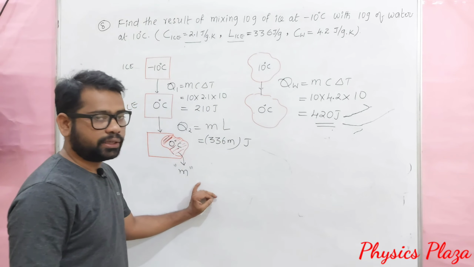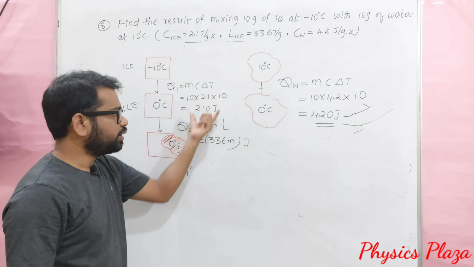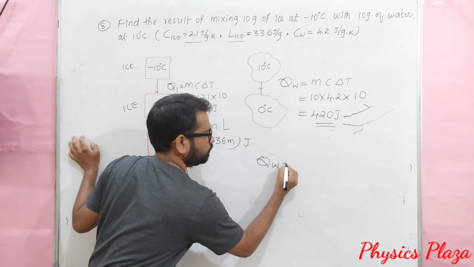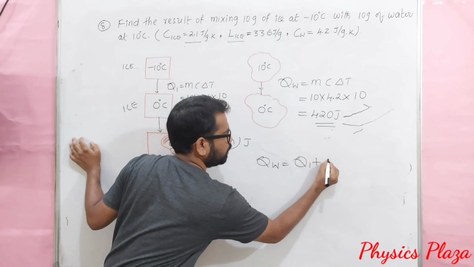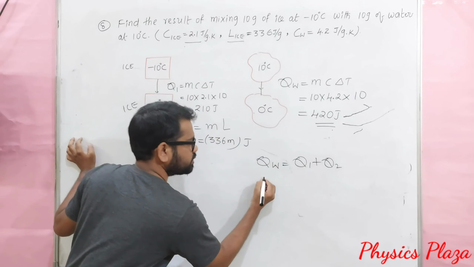Let us equate the heat lost and the heat gained in order to get the amount of mass which melts during this process. So Q_w is equal to Q1 plus Q2. Substituting the values, 420 is equal to 210 plus 336 joules into m. Take this 210 to this side.